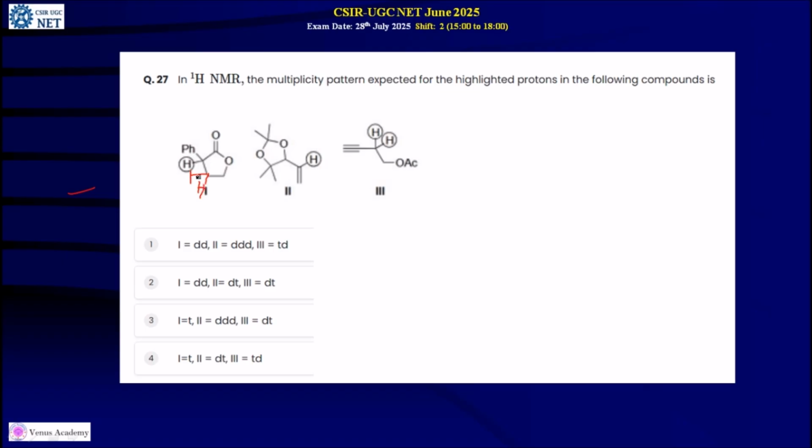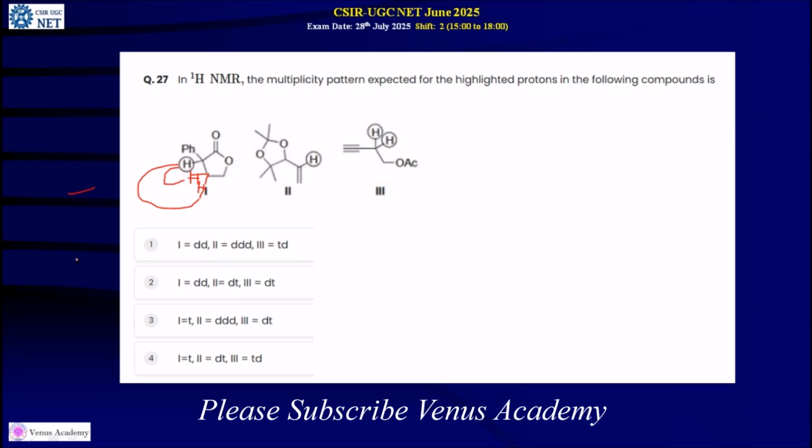Since it is a chiral molecule, it is going to form a doublet with this proton and a doublet with this proton. So doublet of doublet. Compound 1 is going to give doublet of doublet. So out of these, the option with doublet of doublet is going to be correct, either 1 or 2.